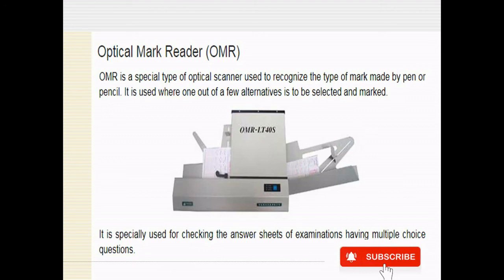Optical mark reader is a special type of optical scanner used to recognize the type of mark made by pen or pencil. It is used where one out of a few alternatives is to be selected and marked. It is specially used for checking the answer sheets of examinations having multiple choice questions.